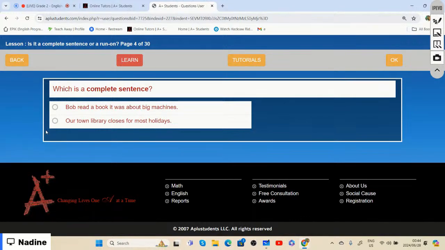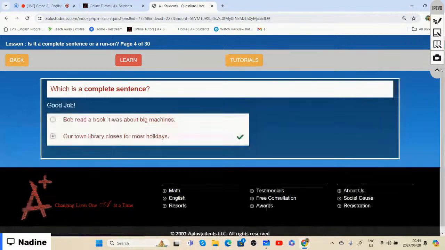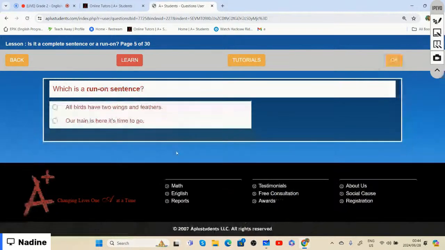All right, so our correct answer is option two, which is our town library closes for most holidays. All right, a run-on sentence. Which sentence shows a run-on sentence? It says all birds have two wings and feathers, or option two, our train is here, it's time to go.